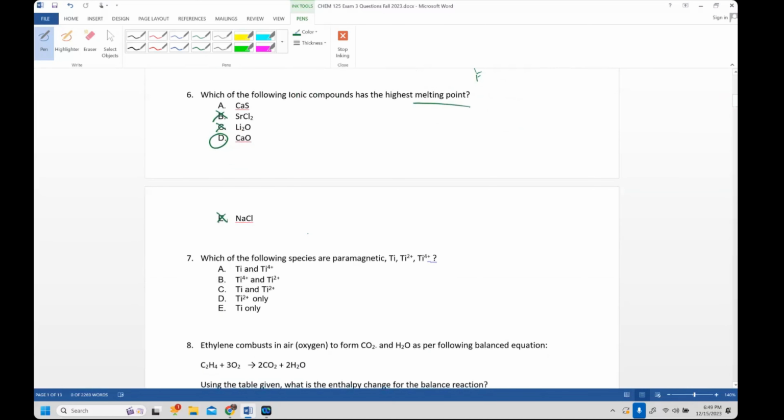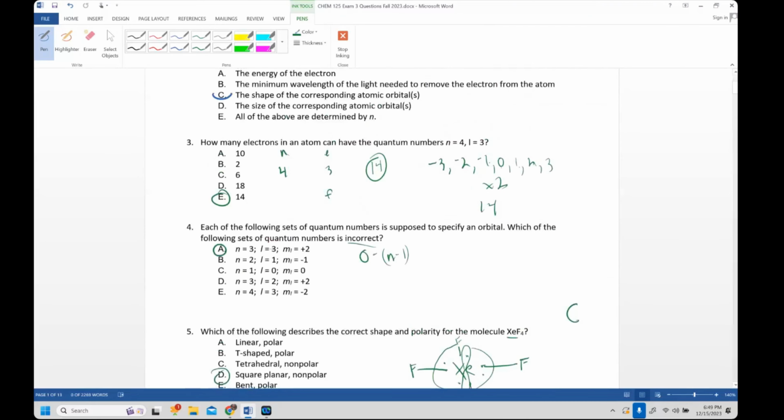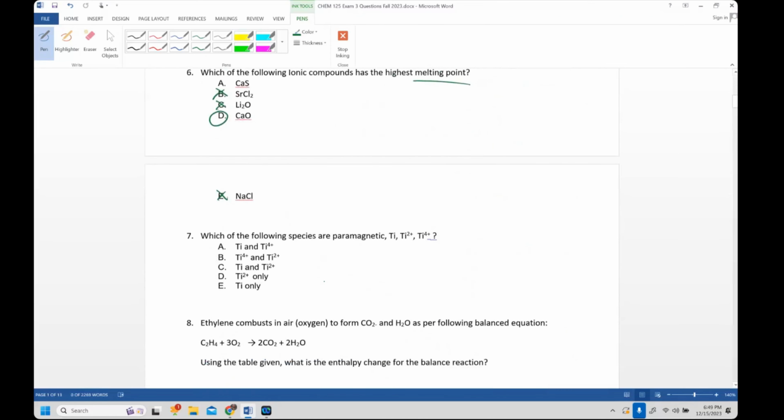All right, number 7. Which of the following species are paramagnetic? You have titanium, titanium 2+, and titanium 4+. If we go to the periodic table, actually we don't have a periodic table here. But the valence electron configuration for titanium is 4s2 3d2.